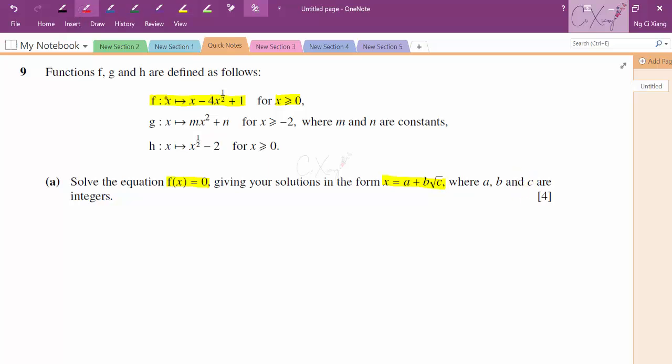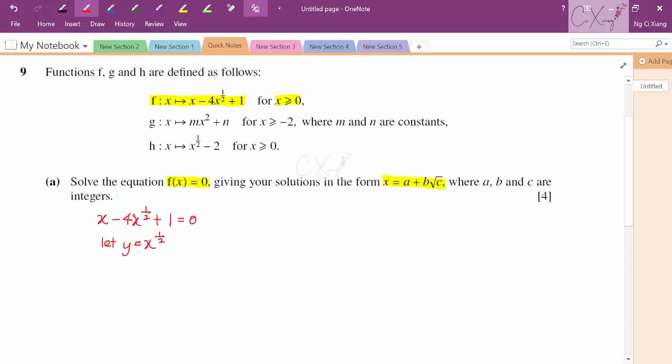All right, so we'll start solving this equation. My function f is x minus 4x power half plus 1 equals 0. This is generally a quadratic form equation where you can let y equals x power half.